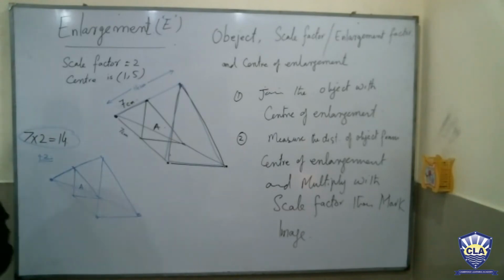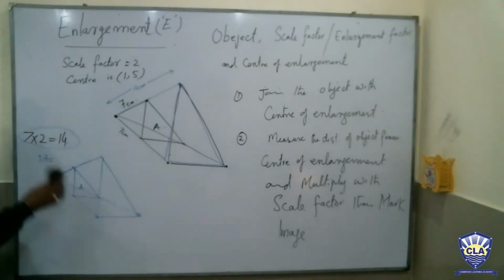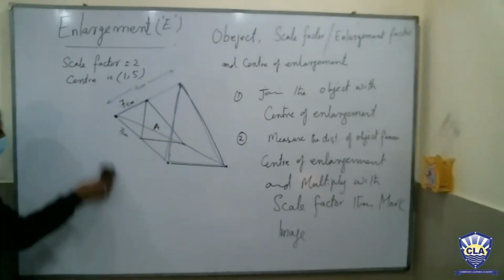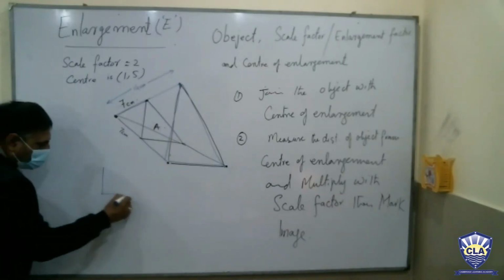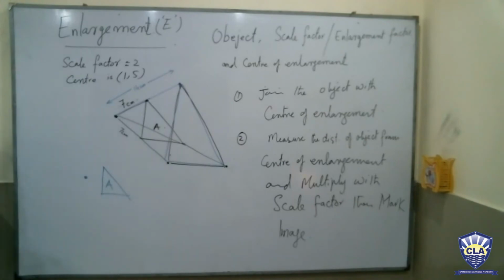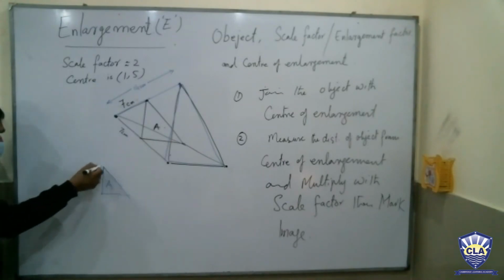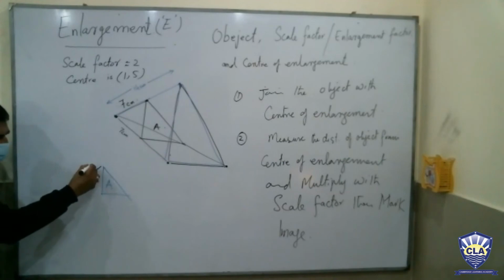Okay? If the scale factor is negative, let us suppose the scale factor is -2. Triangle A, and the scale factor is -2. Please draw this triangle. Please look at the board. This distance, move to the opposite side, 2 centimeter, 4 centimeter.